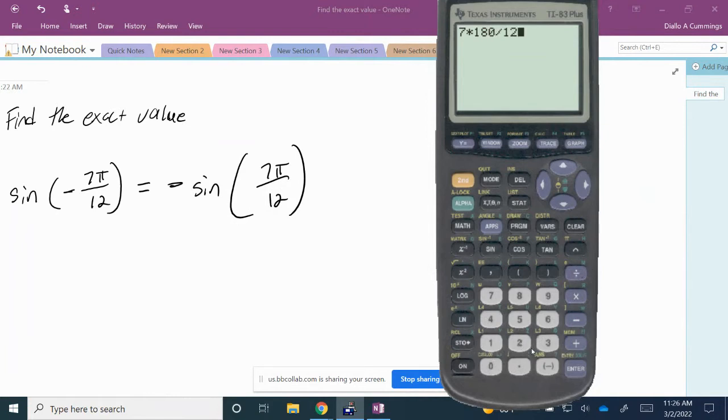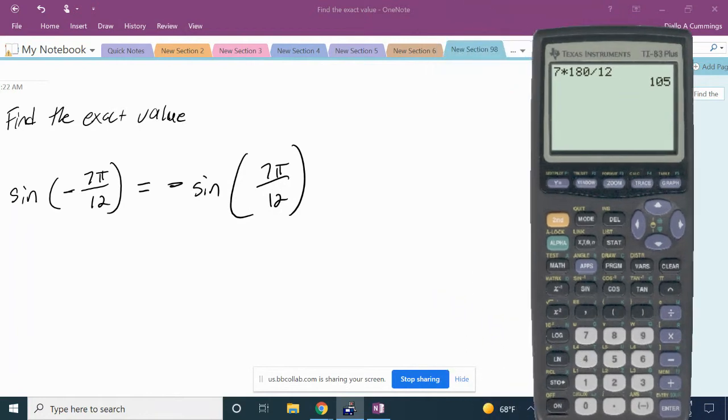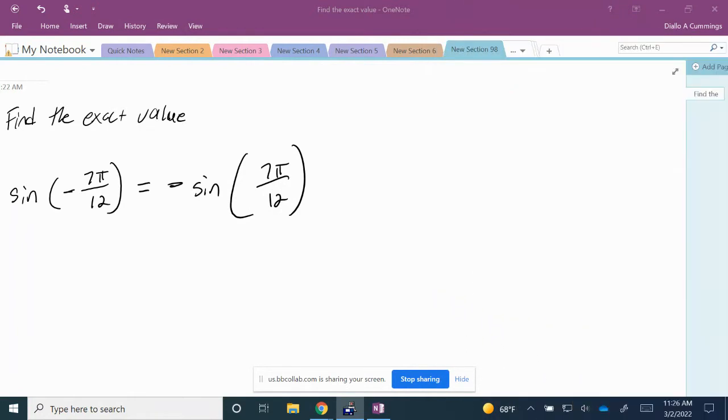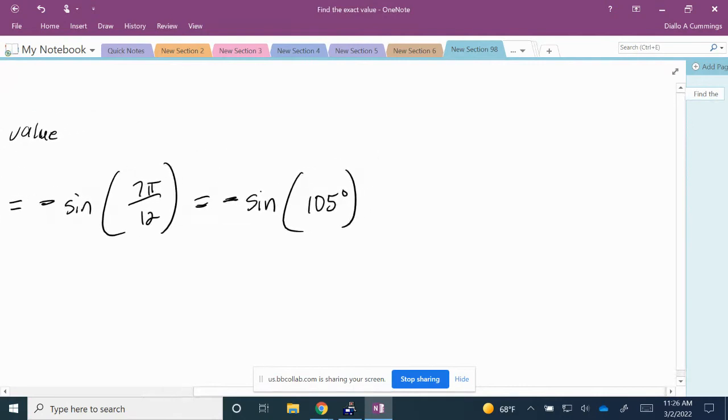I'm going to divide this by 12, and we have 105 degrees. So I'm going to rewrite this as negative times the sine of positive 105 degrees. Notice that there is a negative in front of our sine function.